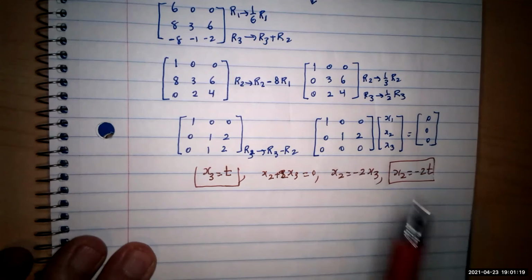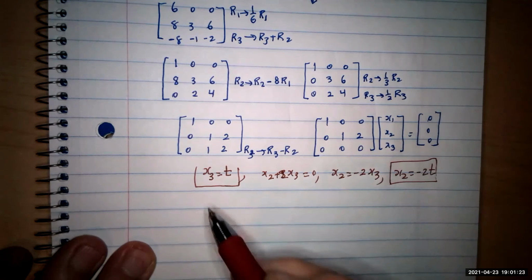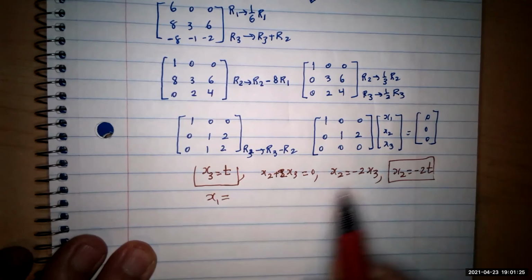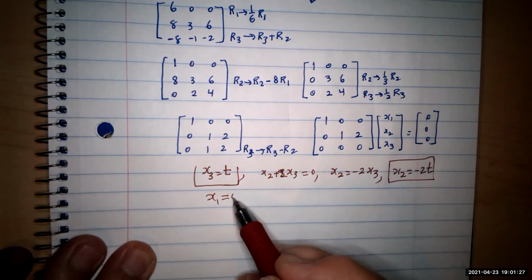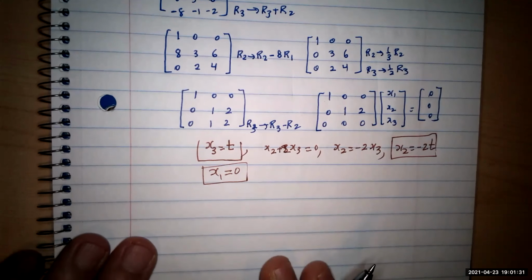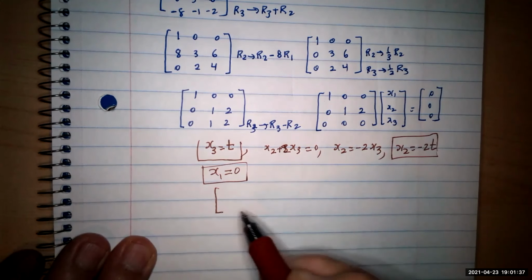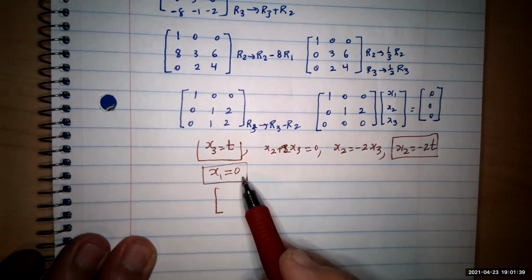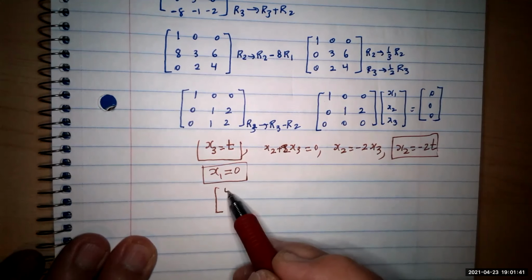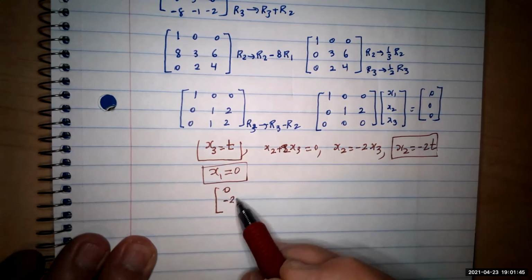You go to the first one, and for the first one, we get x1 equal to 0. So we are going to have the second vector that we are interested in. x1 is equal to 0. x2 is equal to negative 2t.